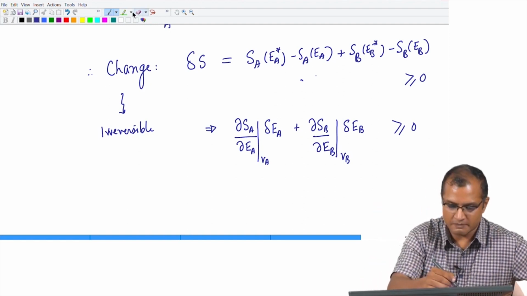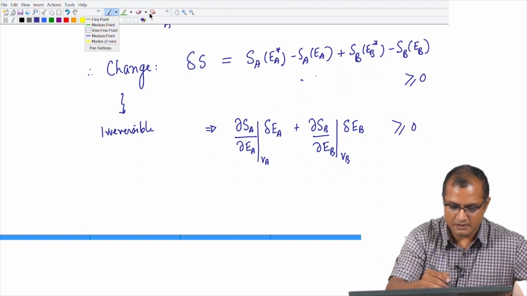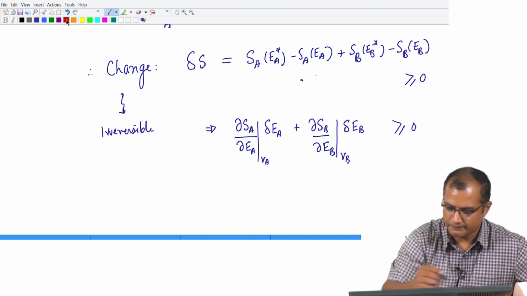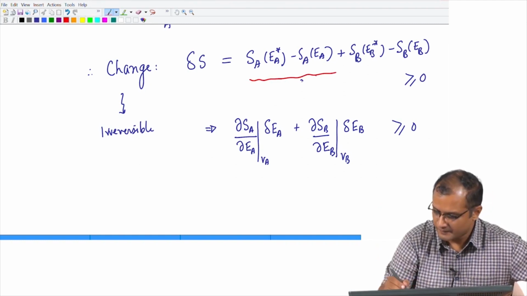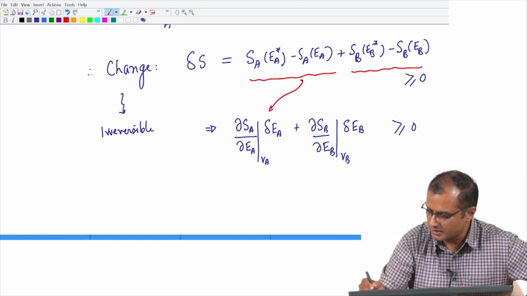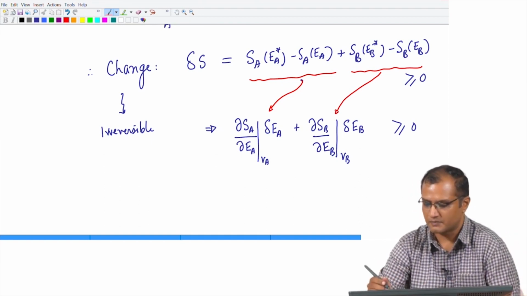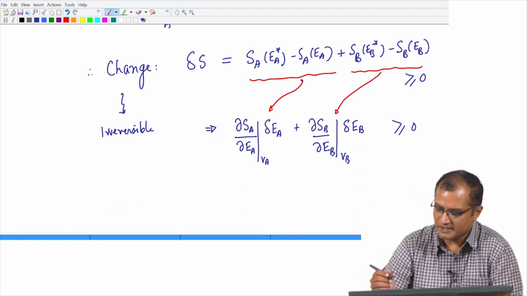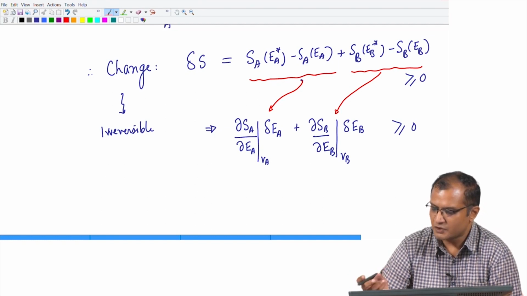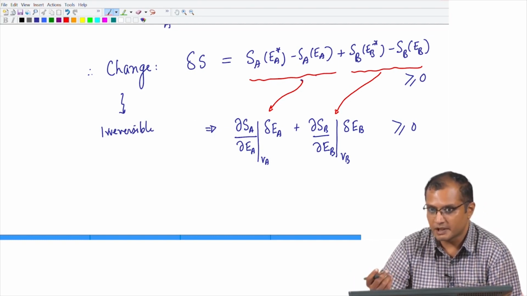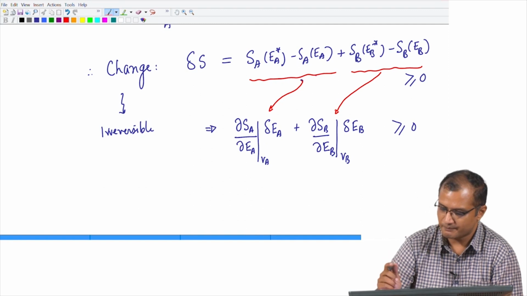Okay. So, basically I am writing down the change in entropy as the rate multiplied by the total change in energy.